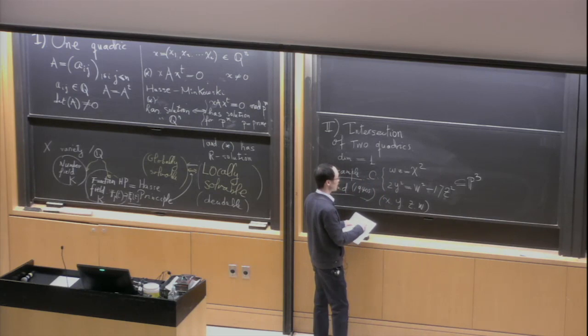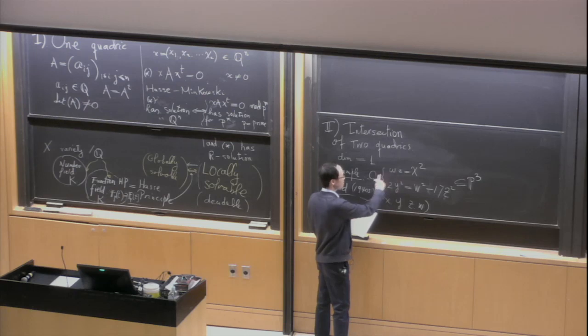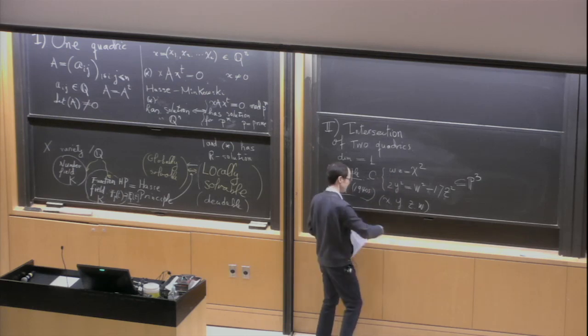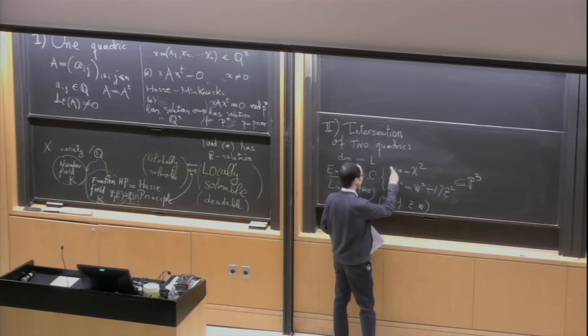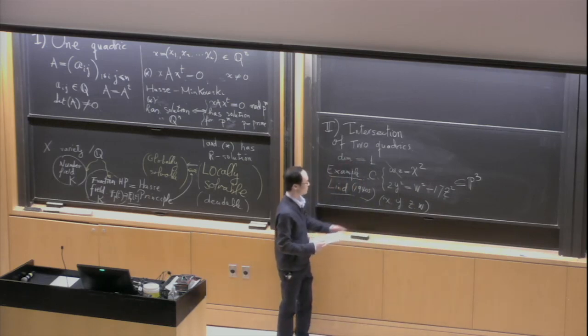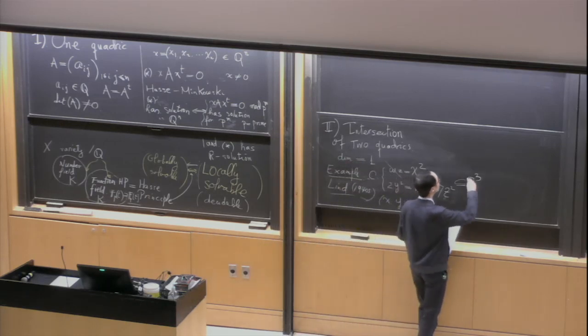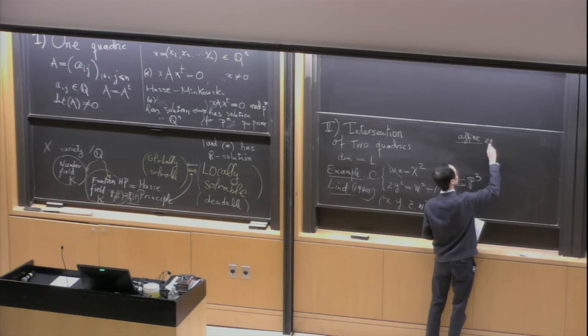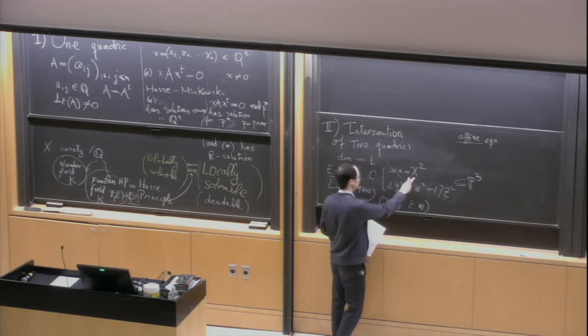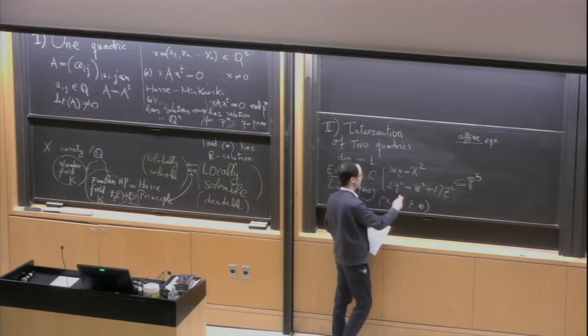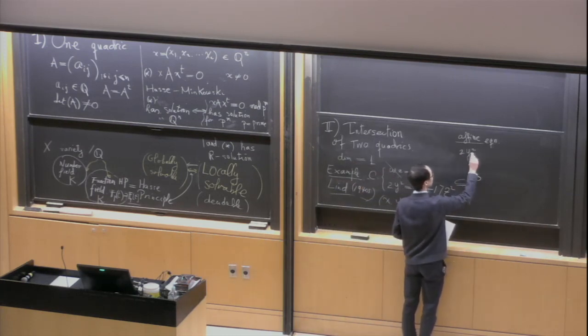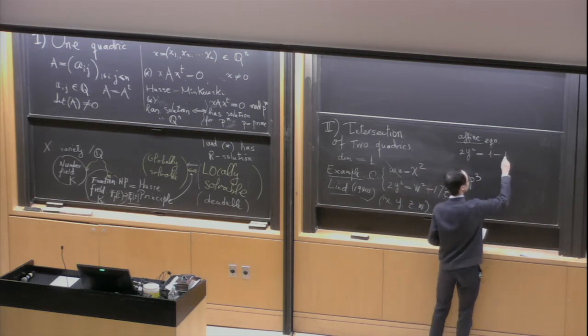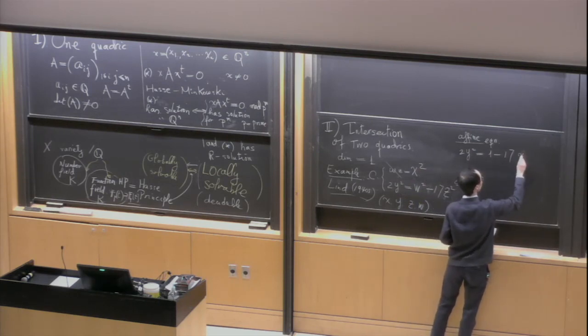In fact, I can write it in a slightly simpler way. I can write the affine equation. I can assume w doesn't vanish, so replace w by 1, and write an affine equation. If you plug in z equal to x squared, you get 2y squared equal to 1 minus 17 x to the 4th power.